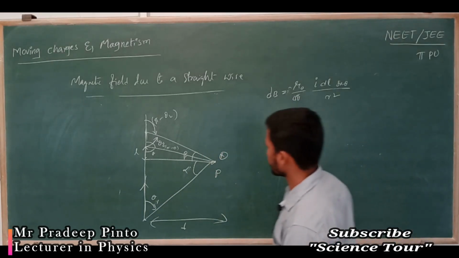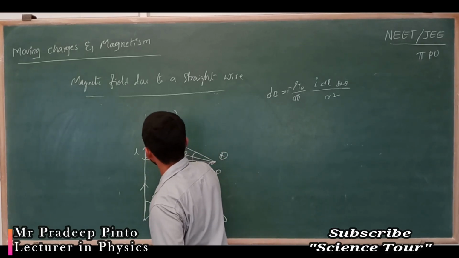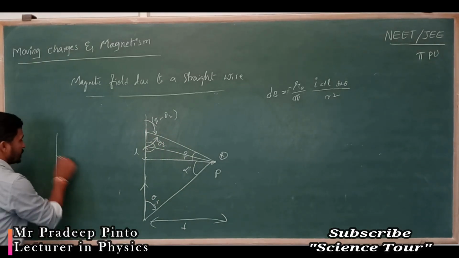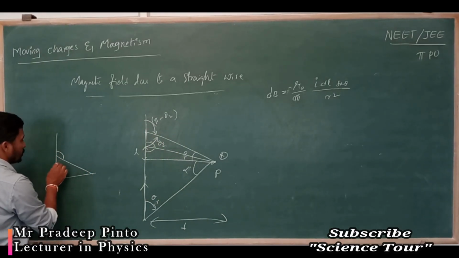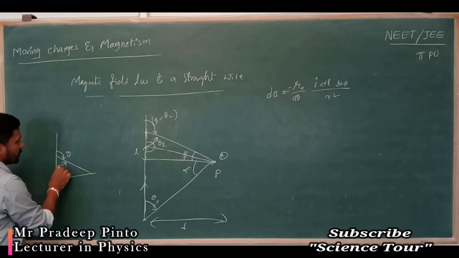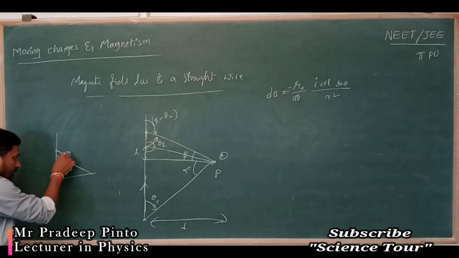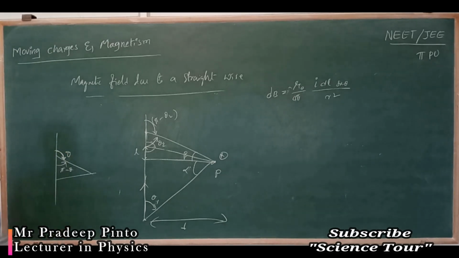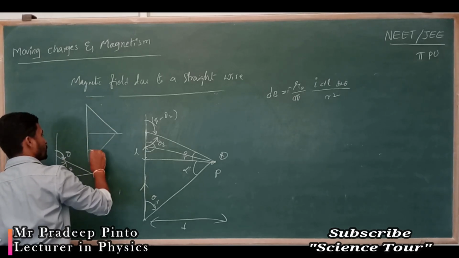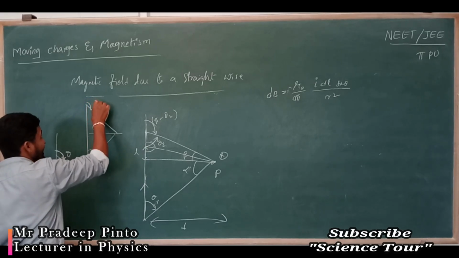So this is theta and this is pi minus theta, because we want theta so that I can take the limit from theta 1 to pi minus theta 2.